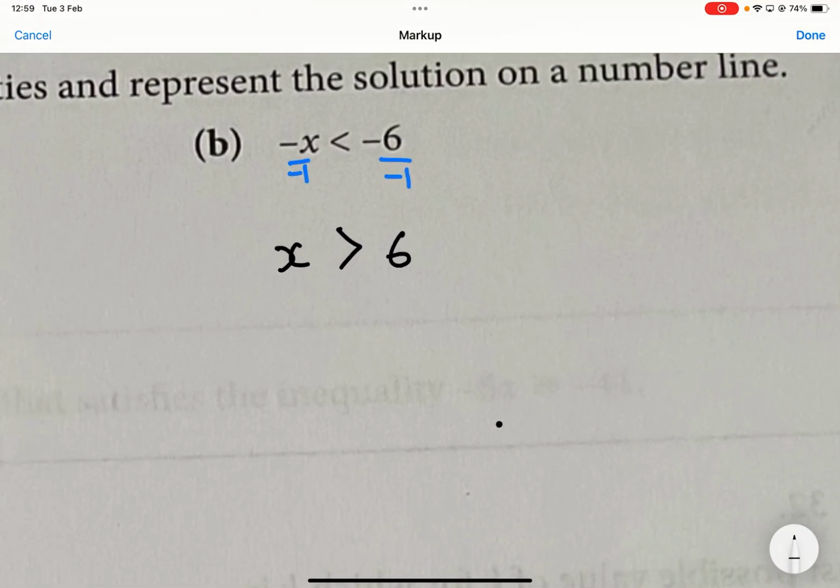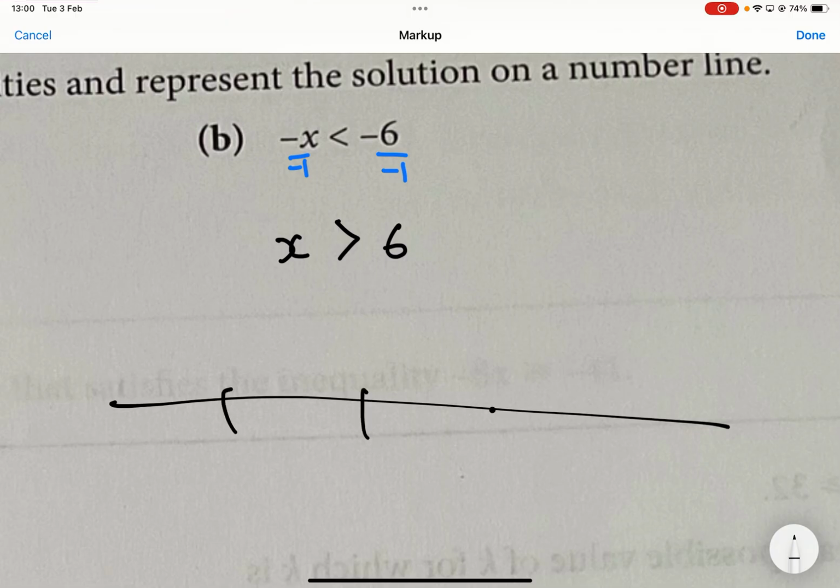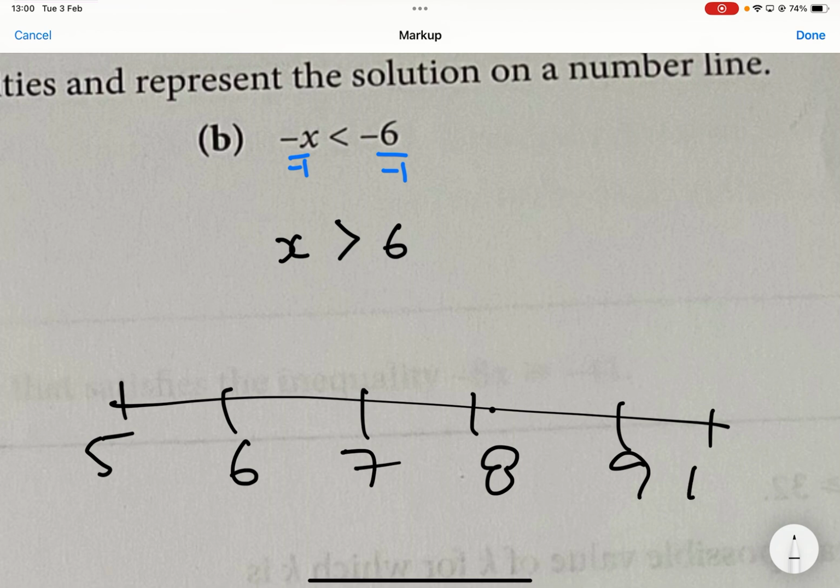Then we want to represent this on the number line. We draw a number line. I want numbers to be bigger than 6. So I can put a 6 here, 7, 8, 9, 10.